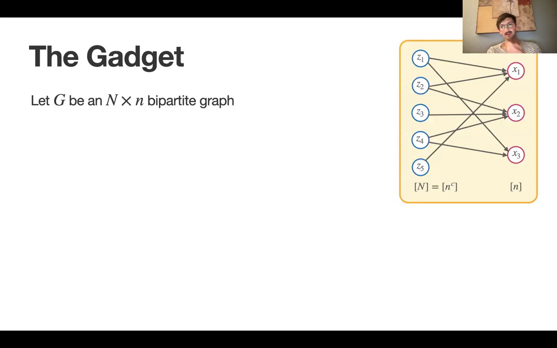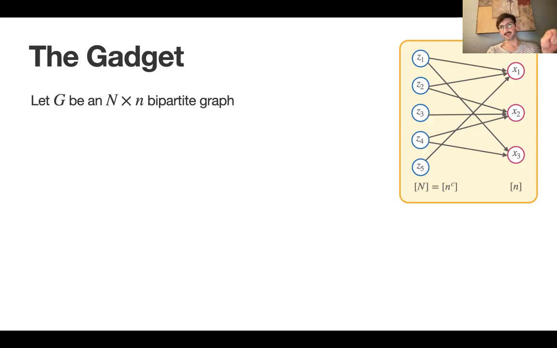So capital N is the number of initial variables. So we're going to have capital N left vertices. And here capital N, we're actually going to set to be n to the c, like little n to the c. And the number of right vertices is little n.